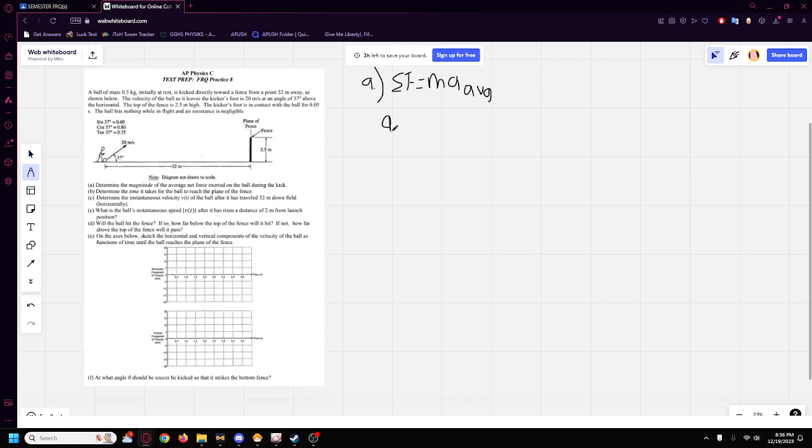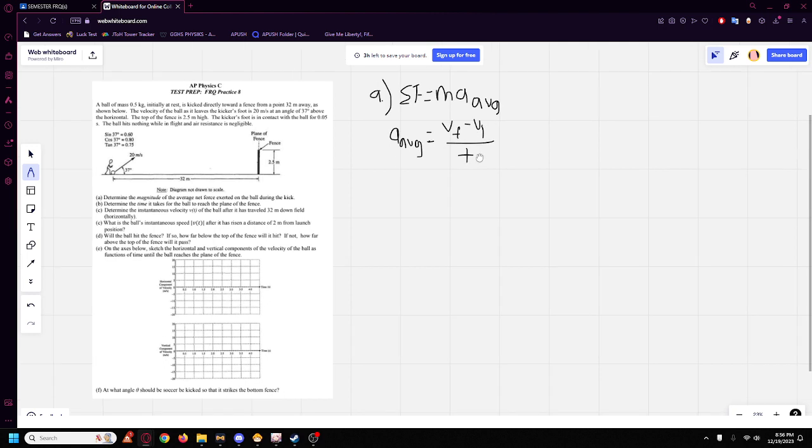So a average is equal to the final velocity, Vf, minus initial velocity, which is Vi, over t, which is time.